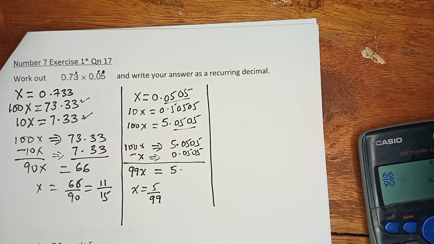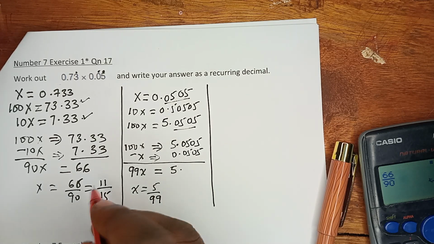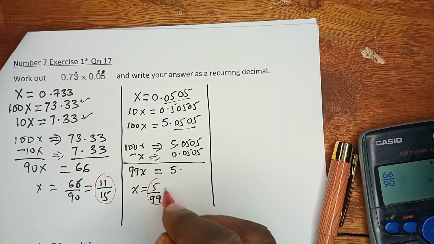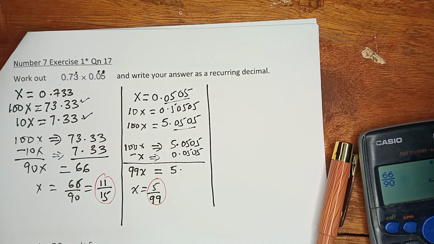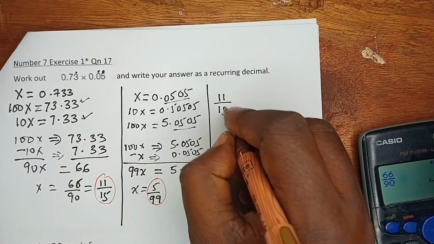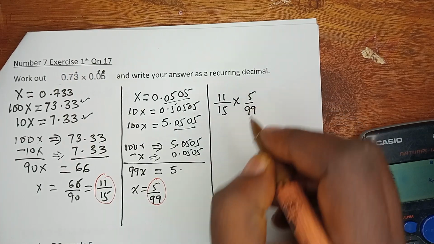We have those two numbers, but the question is, work out the product of the two. So we take this number, multiply by that number, and we get our product. Here we go: 11 out of 15 times 5 out of 99.